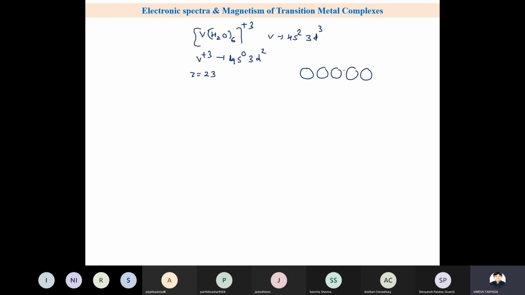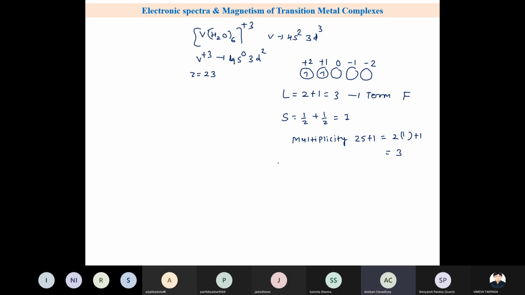And the complex is a weak field, so the electrons remain unpaired. So what is L value? L is 2 plus 1, it is 3. So which term is there? F. What is S value? 1/2 plus 1/2, it is 1. So multiplicity is 2S plus 1, which is 2 into 1 plus 1, that is 3.